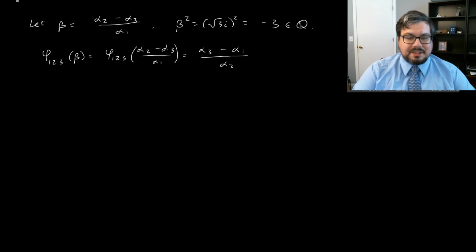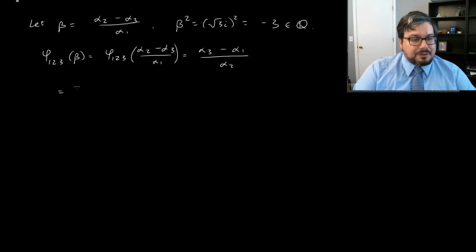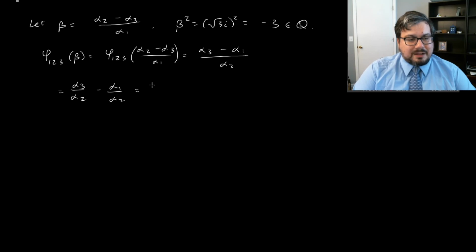So let's see what this does for us. It's not clear that this is equal to beta, but we can try. So alpha 3 over alpha 2 and alpha 1 over alpha 2, we can write down: alpha 3 was the cube root of 2 times omega squared. Alpha 2 is the cube root of 2 times omega.